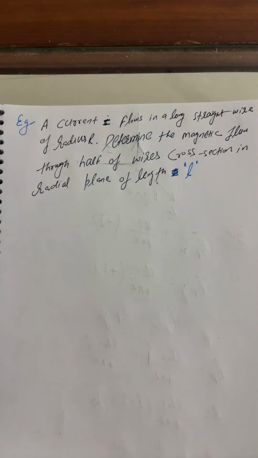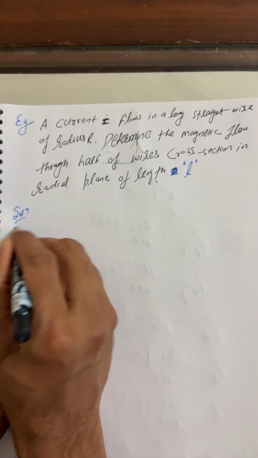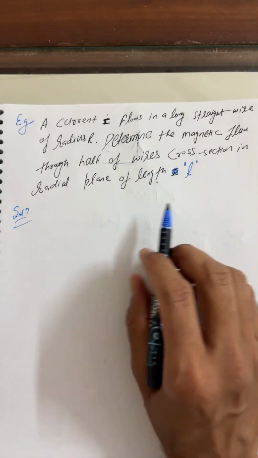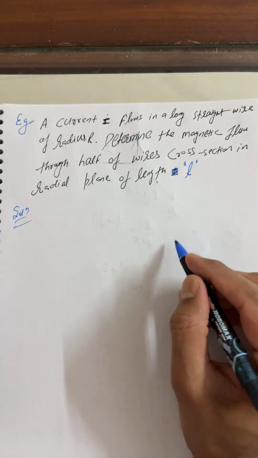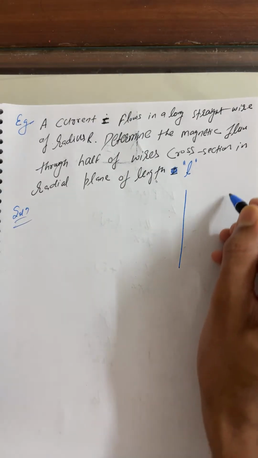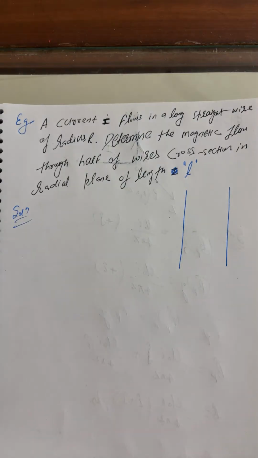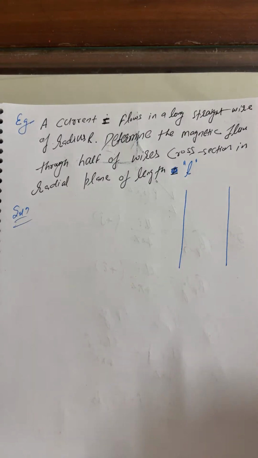How can you find this? Let us suppose for the solution that a current I flows along a long straight wire. We have to find the magnetic flux for half of the wire, not the entire wire.